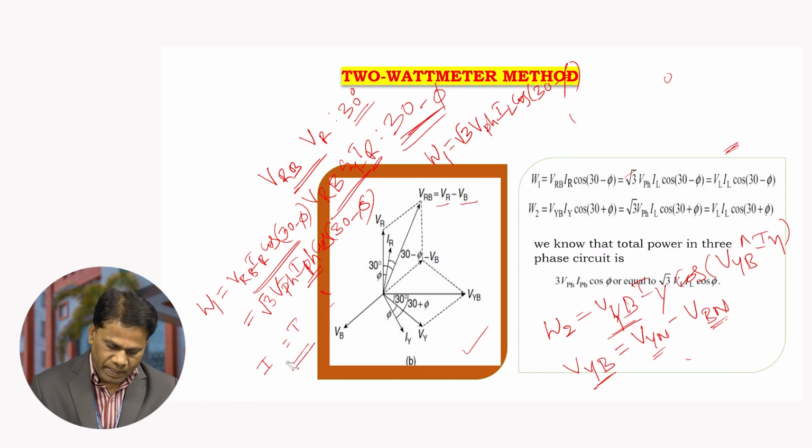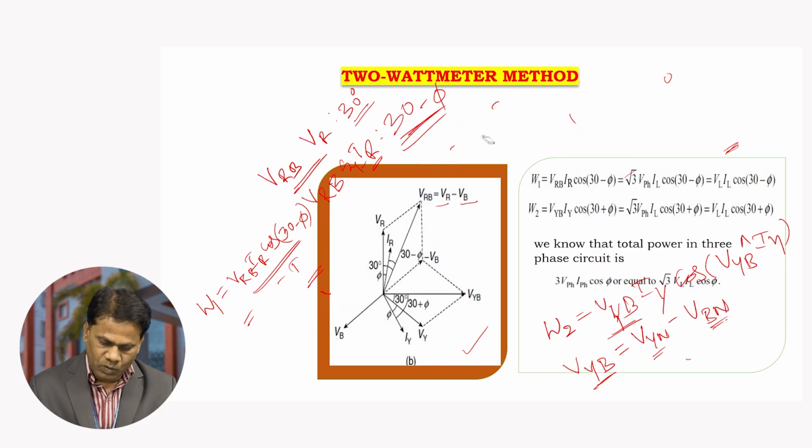So from the phasor diagram, we can see the line voltage VYB. VYB is nothing but the difference VYN minus VBN. Here this is VBN and this is VYN. By combining these two, we get the line voltage VYB.